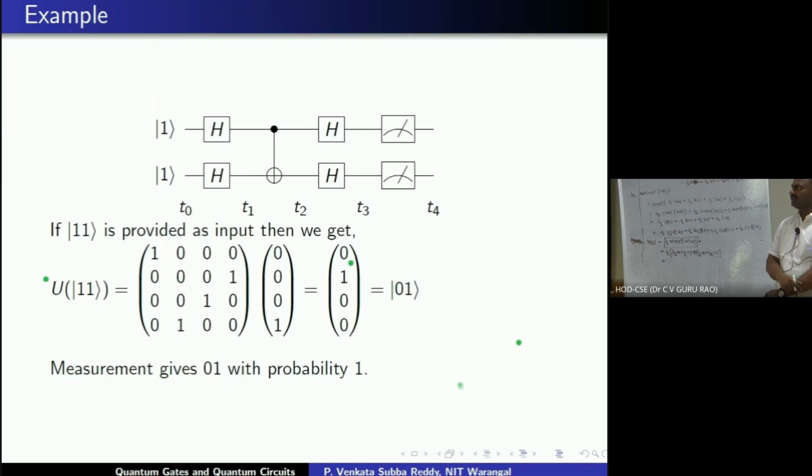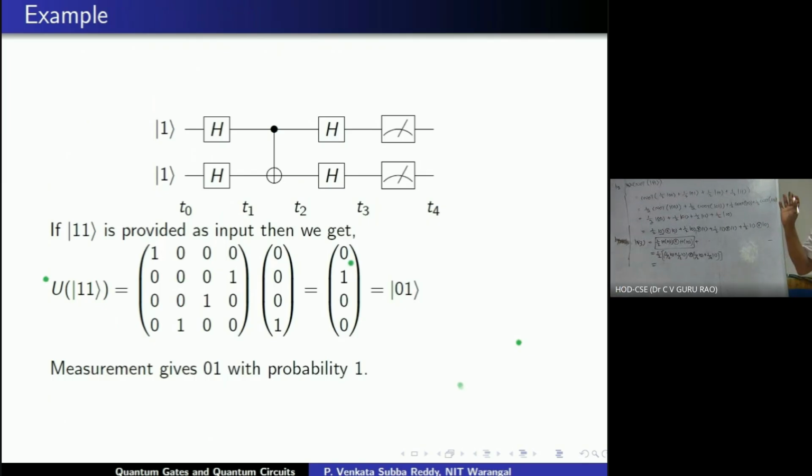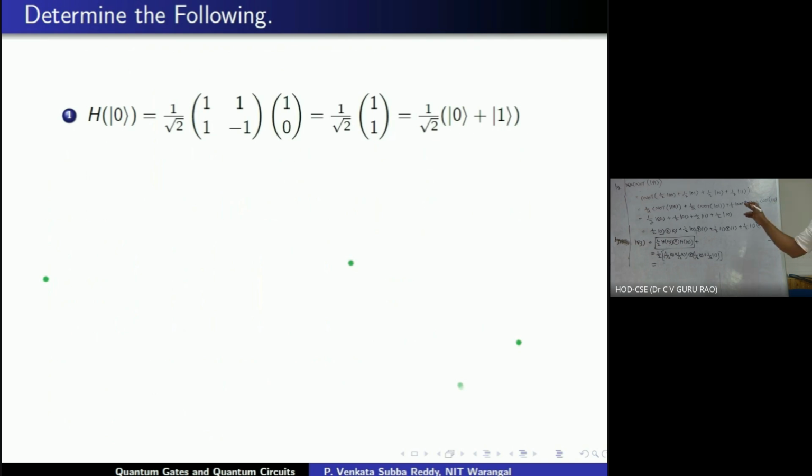Next one. Is the procedure clear now? Okay. Now all of you calculate this. What is Hadamard on ket 0? Is that correct? Can we write? Okay, shall I erase this?